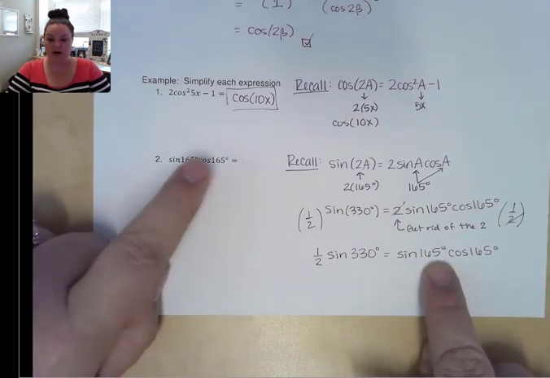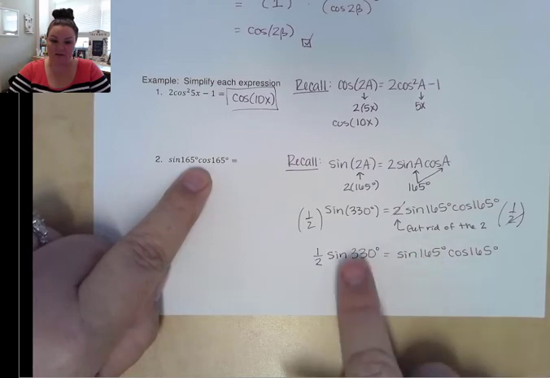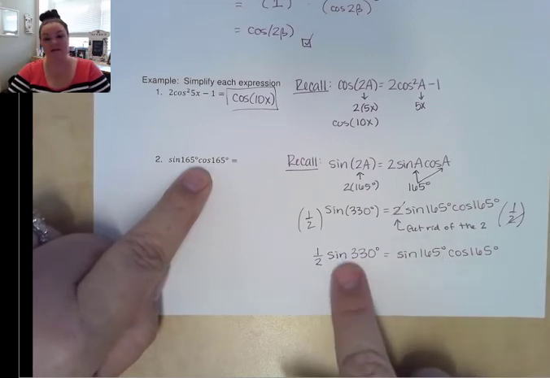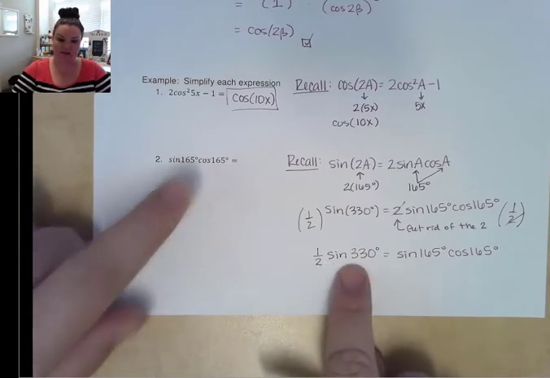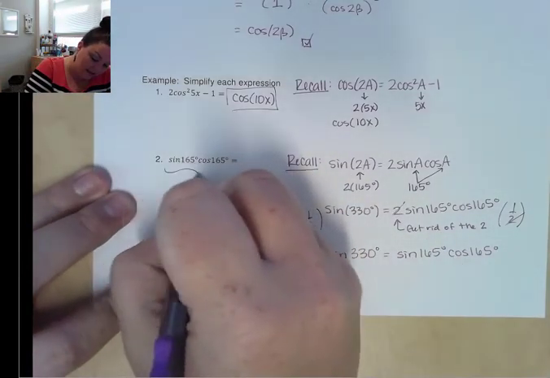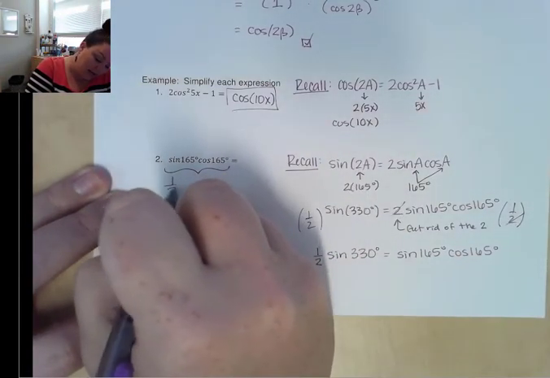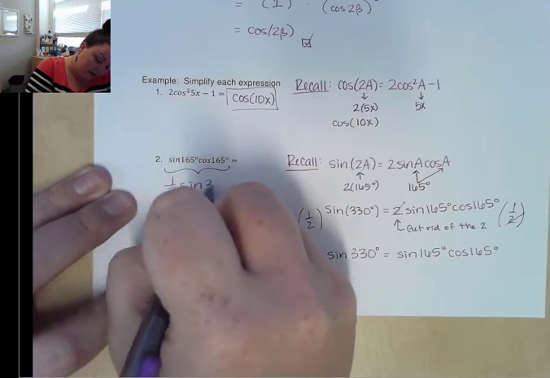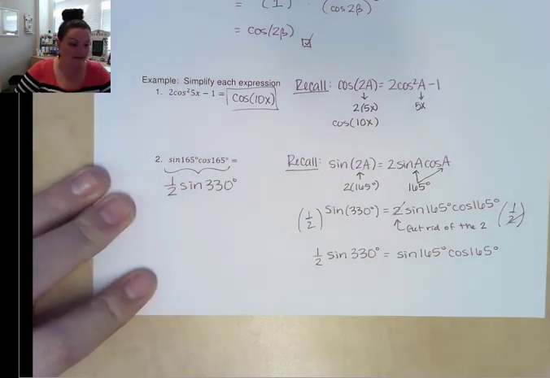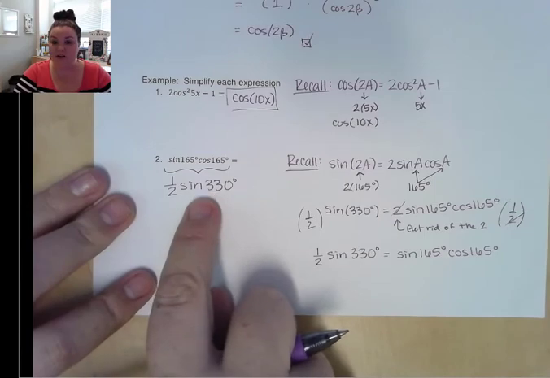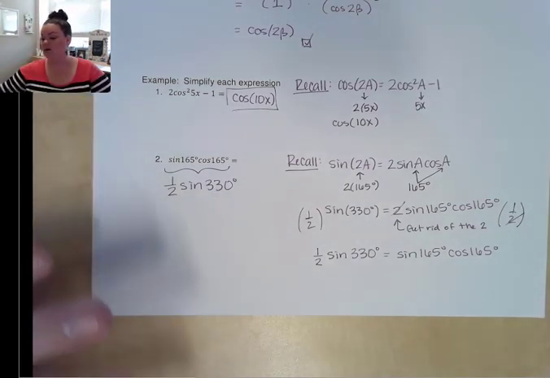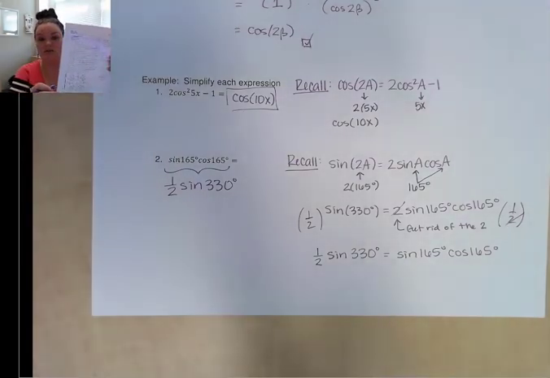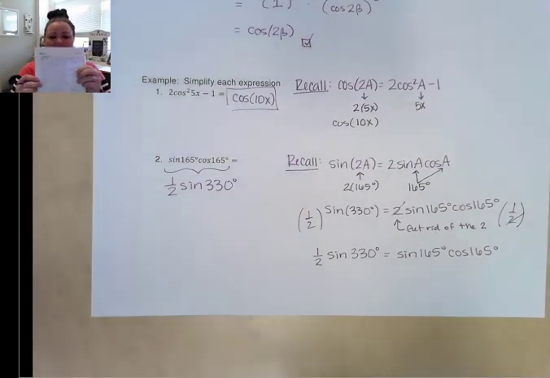So I know that what I was given has to be equal to 1/2 sine of 330, right? So now I just need to figure out what 1/2 sine of 330 is. I know that this is equal to 1/2 sine of 330 degrees. 330 degrees is an angle value that I should be able to find on my chart, right? On this chart from section 5.3.